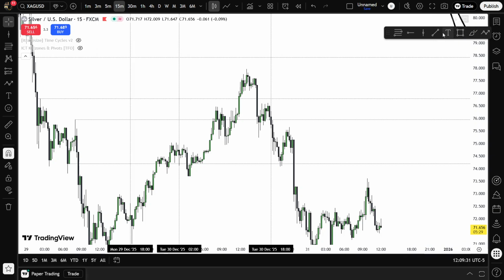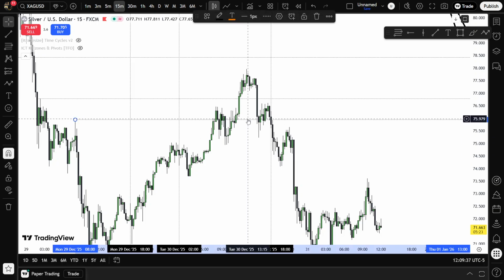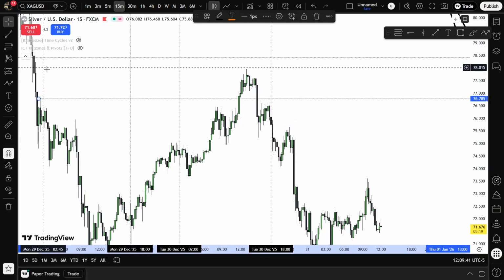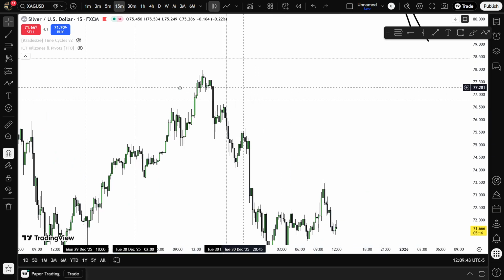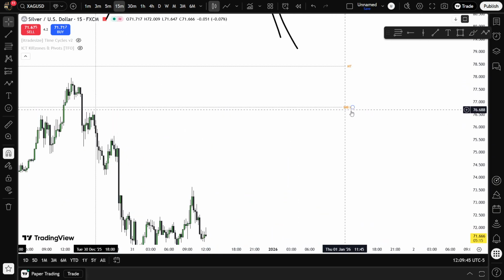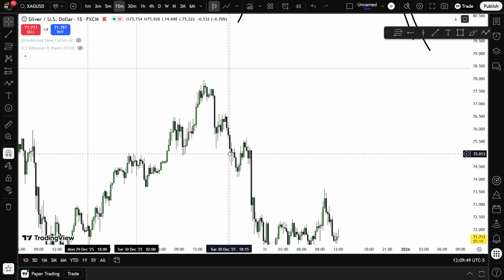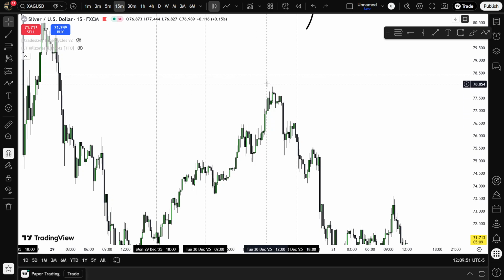So what we are targeting is, let's remove these lines because these lines are denoting the premium areas. So price is using this fair value gap imbalance. This is imbalance, you can see imbalance low. So it used the fair value gap and it went down.